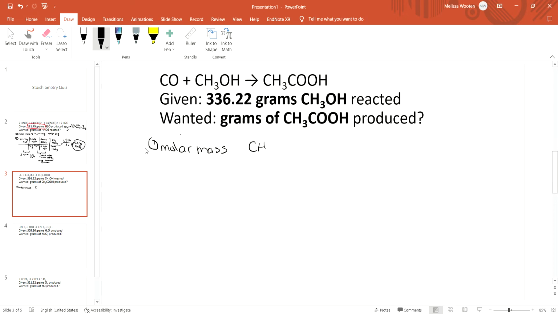You have CH3OH, which is 32.04 grams, and CH3COOH, which is 60.05 grams. Alright, we're starting off with our given, 336.22 grams CH3OH.